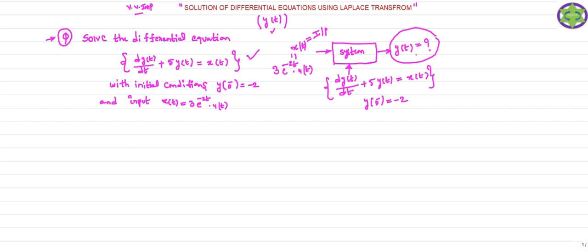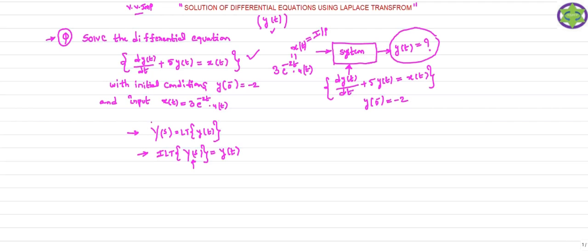Now how are we going to find this y of t? If you know y of s, which is nothing but the Laplace transform of the output y of t, and you take the inverse Laplace transform of y of s, it will give the system response y of t.